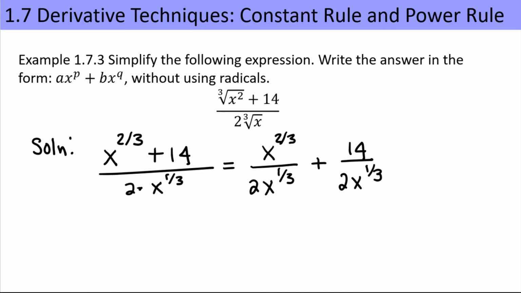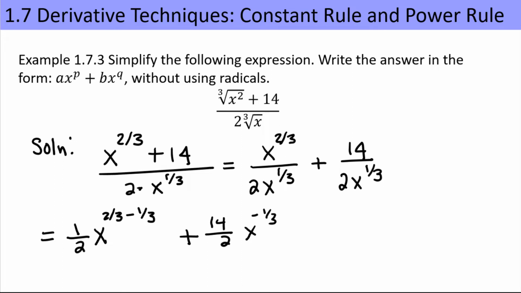Let's proceed. Using exponent properties, we'll begin with the first term. So let's write. We'll have the 1/2 stays as the constant, x to the power of 2/3 minus 1/3. And then for the second term, we will have 14 halves. And then we still have x to the negative 1/3.